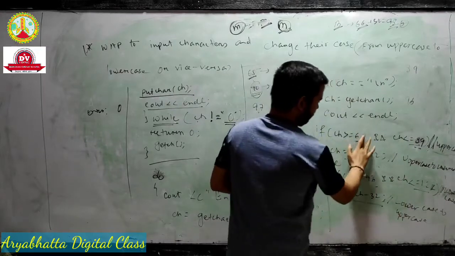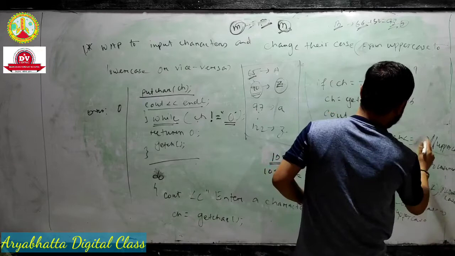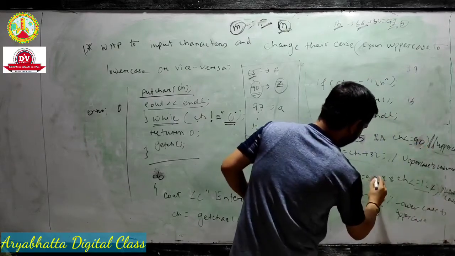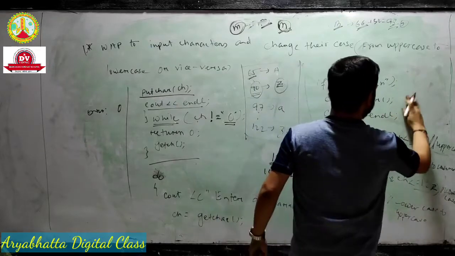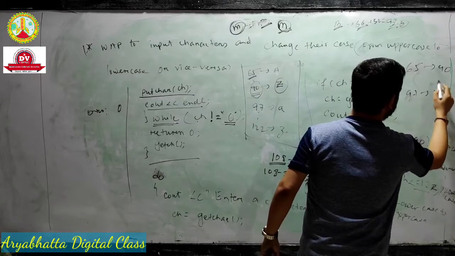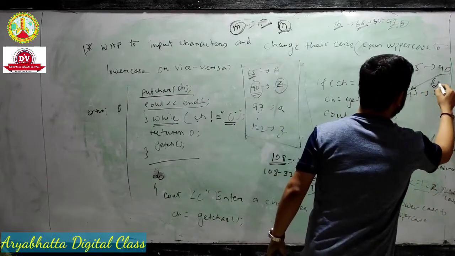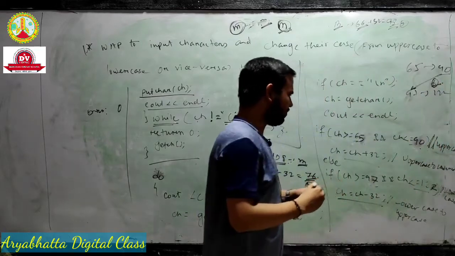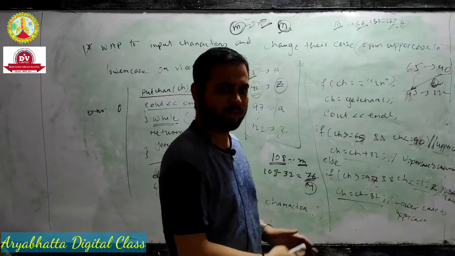Suppose we take the formula as per the book, 65 to 90 and 97 to 122. How many numbers are in between? We skip 6 numbers. Whatever you take, you have to make this formula yourself.